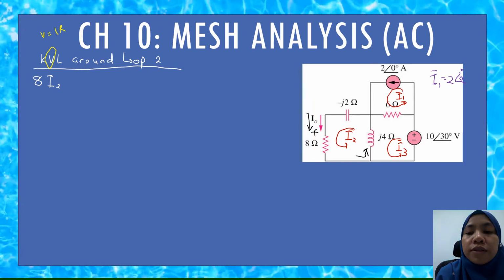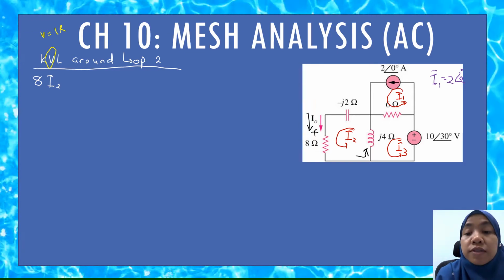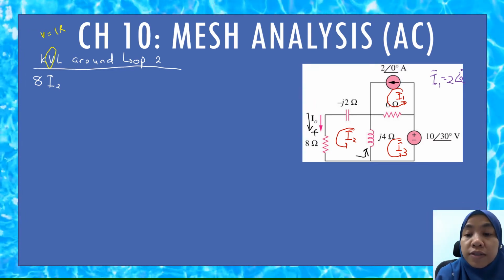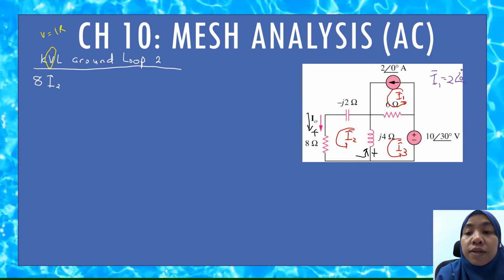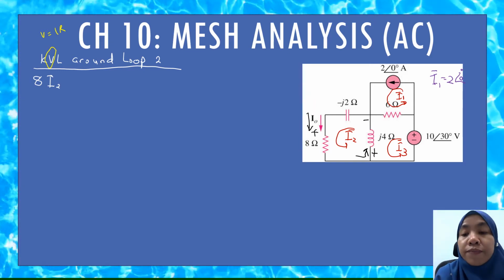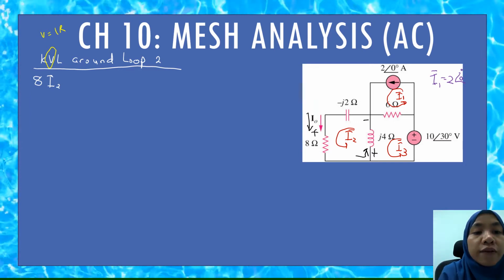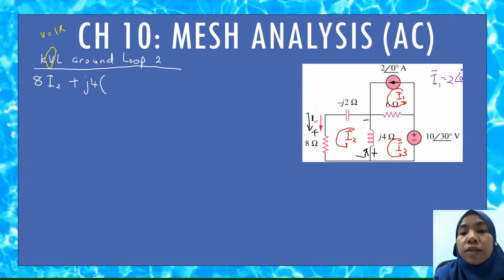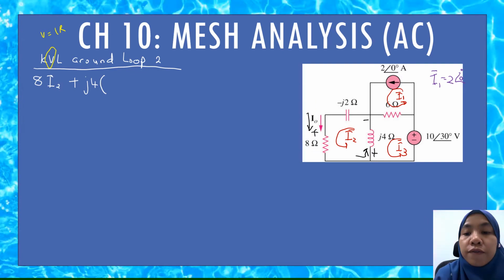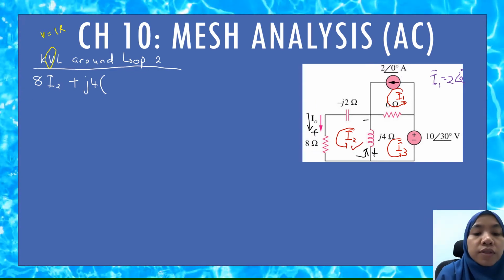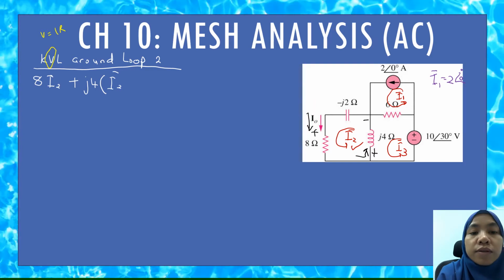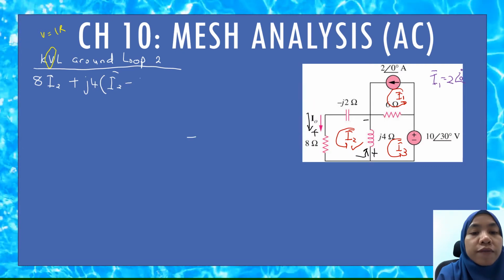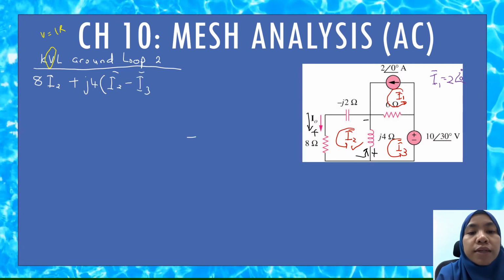Since j4 here is shared between I2 and I3, the current entering a passive element should have a plus and minus when it is leaving. So over here we have a plus j4 times the current we focus on first, which is I2, minus the other loop that shares j4, which is I3.